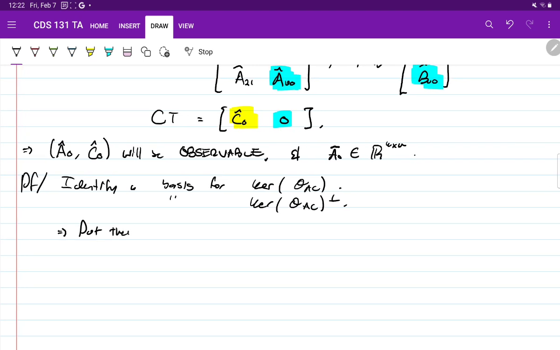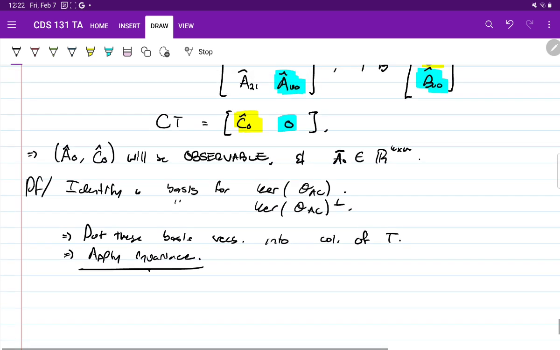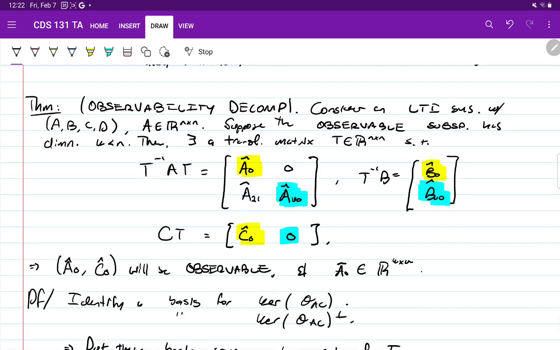So we put these basis vectors into the columns of the matrix T. You apply invariance, and then you apply the fact that these first couple columns of C will in fact belong to this observable piece, and then the result follows from there. Okay. So in order to show that this pair A observable hat, C observable hat is in fact observable, what you would do is compute the observability matrix associated to that. Okay. So the details of this will be in the notes. Just for the sake of time, I won't prove it here.